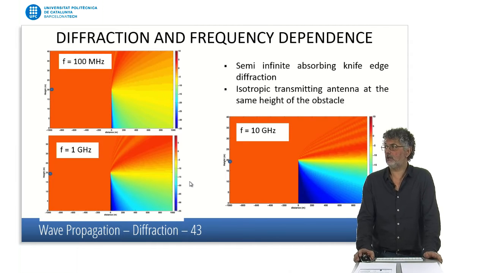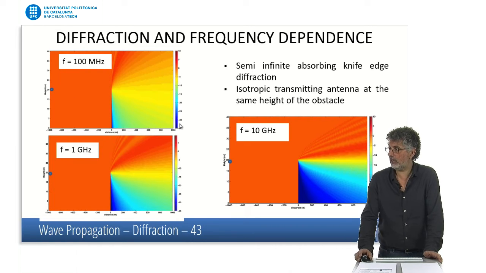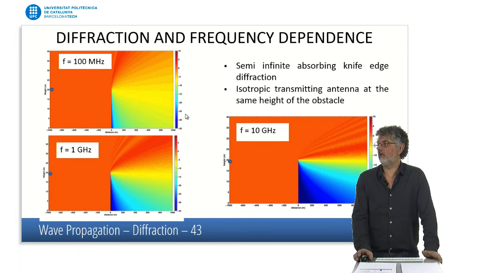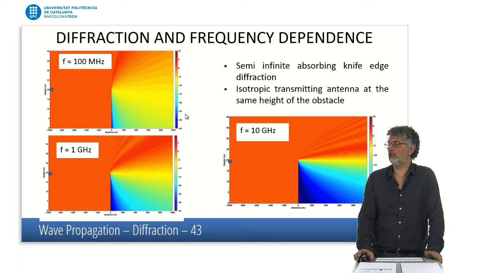Now, let's look with a little bit more detail at what is going on. So these are some simulations in which we are plotting in that color scale the losses compared to free space.